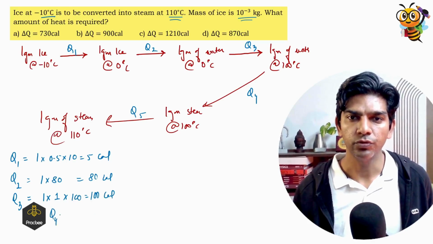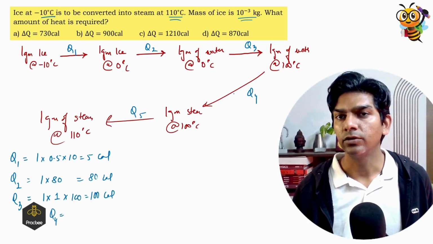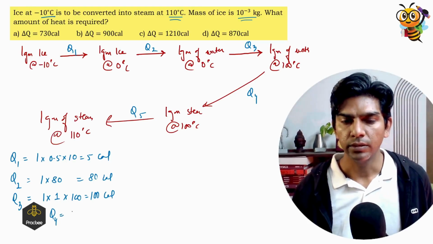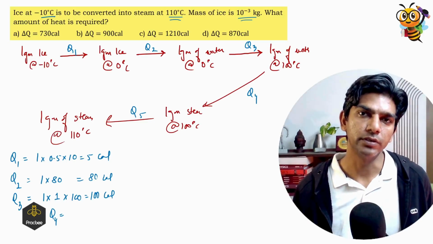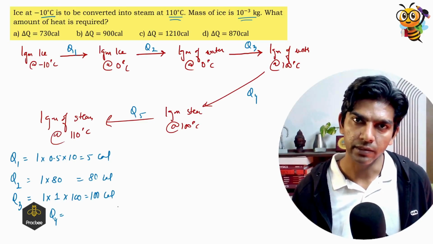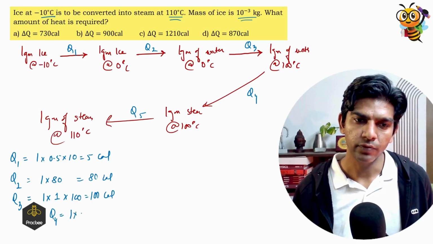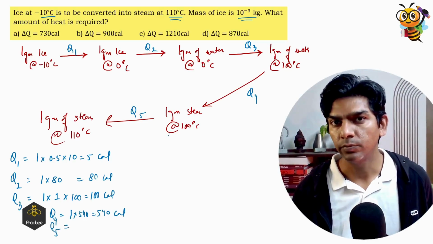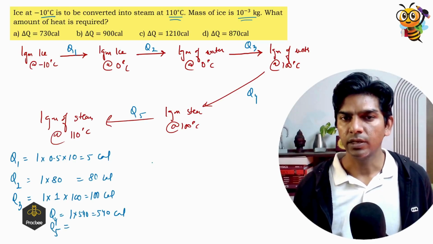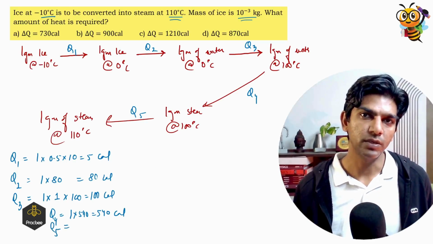Then we have Q4, which is the latent heat of vaporization. Here to vaporize 1 gram of water, we require 540 calories. So it will be 1 into 540, which comes out to be 540 calorie. Then Q5, we have to increase the temperature of steam. Here I'm assuming the specific heat capacity of steam as 0.5 calories per gram per degree Celsius.